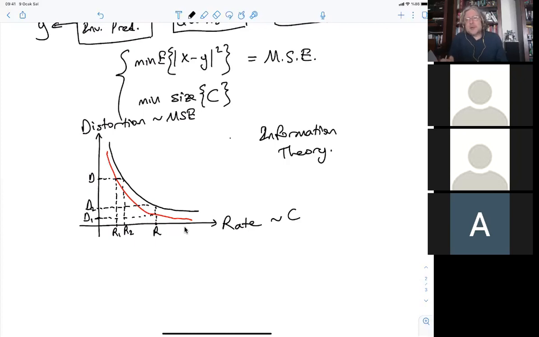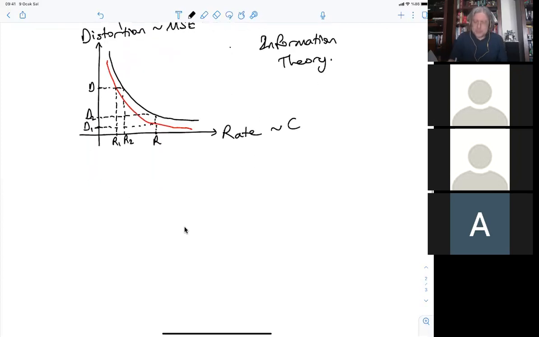And you have to be aware of how to calculate mean square error from data for practical purposes. For example, if you have a length n signal, and x of n comes in, and the output is y of n. How do you compute the mean square error?